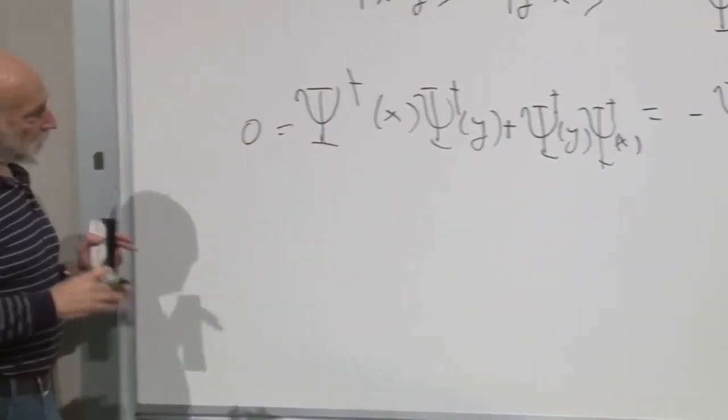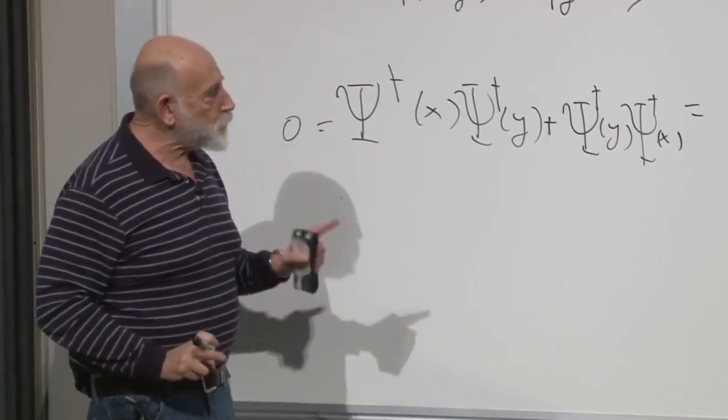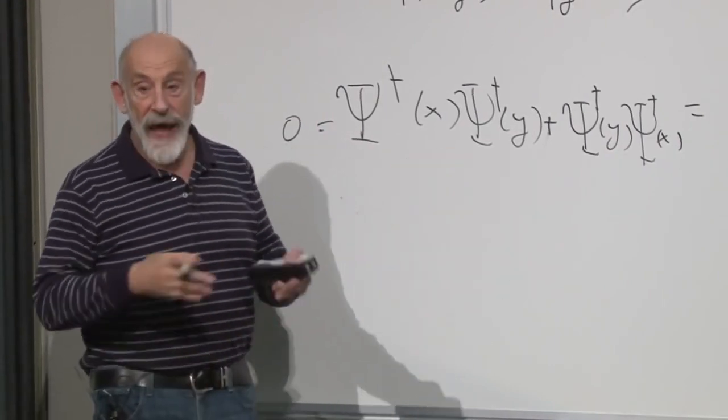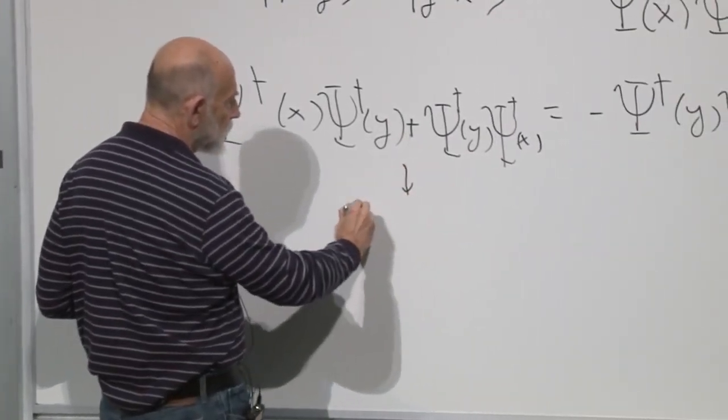If you take two operators and you take their product, and instead of subtracting in the opposite order, you add in the opposite order, that's called the anti-commutator.